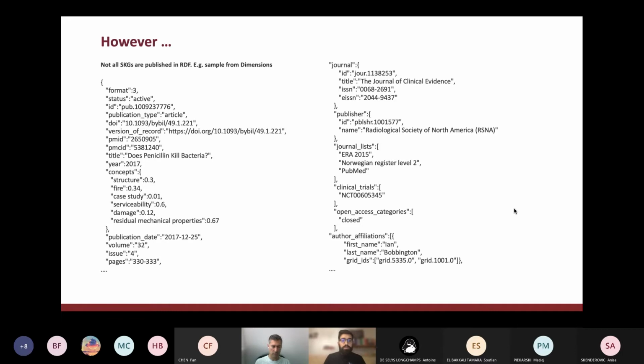So RDF is used, but it's not the only format that is used. Even Microsoft uses, for example, tab separated values. So it's just to give examples, but RDF is the best way to represent data.